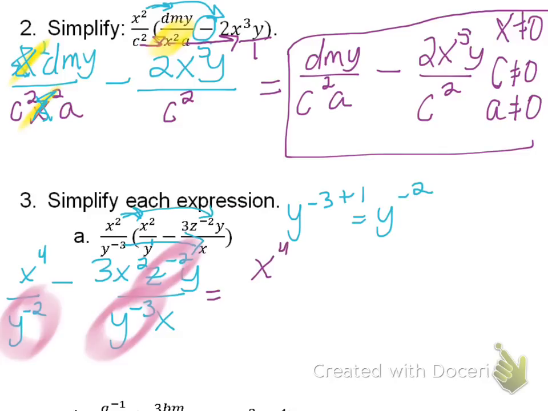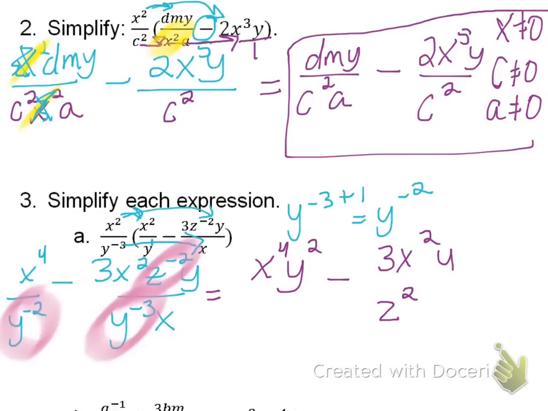X to the 4th is going to stay the same over there, but now there's going to be a y squared on the top as well, which leaves nothing on the bottom, so it's just over 1, which we can just leave off. And then over here, we're going to have 3x squared staying the same because it's not circled. But the z squared is going to move to the bottom.